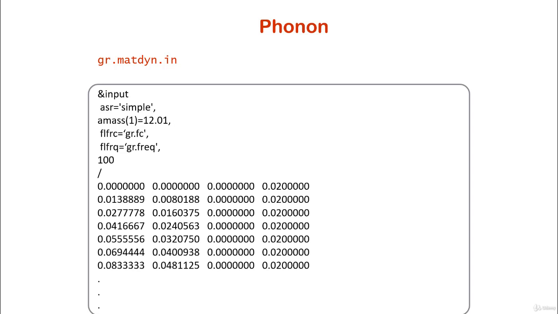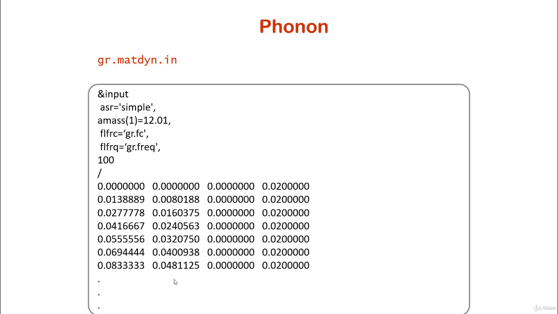We specify the file that contains the interatomic force constants that was created in the previous step, I mean step 3. It was gr.fc. Also, we define this file. This is the file where matdyn writes the interpolated frequencies, and after that, we should define routes for K points.